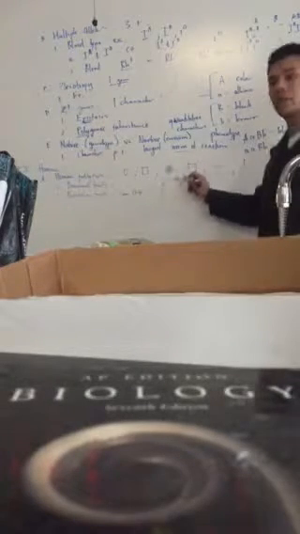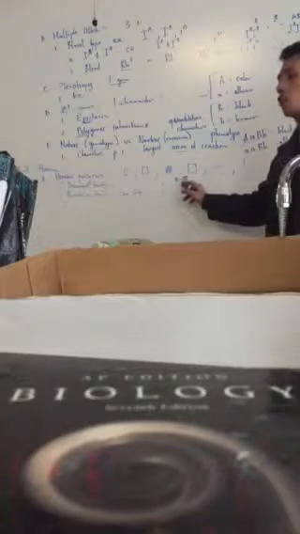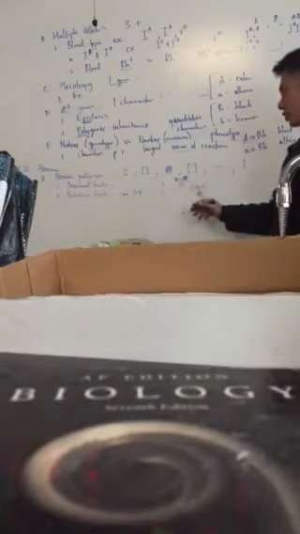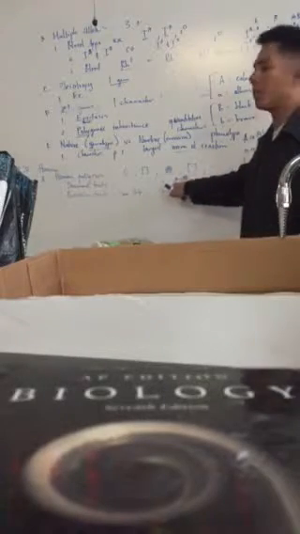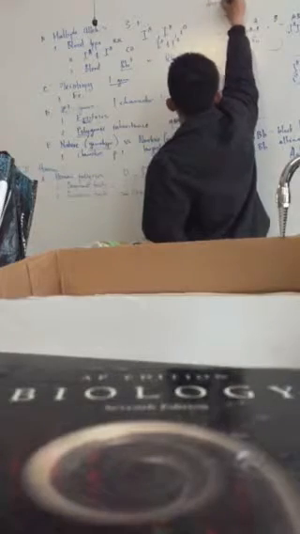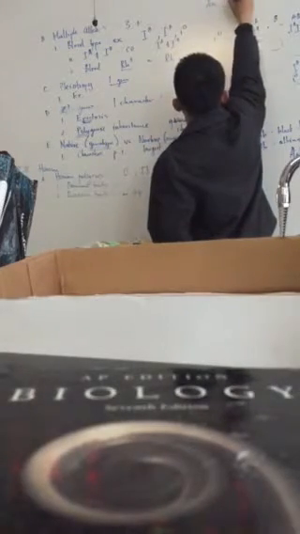So what am I talking about? 2 parents with a disorder or a trait can have a child without, versus 2 parents without can have a child with. Now it's kind of weird because what are the genotypes of the parents in both situations? Both of them are heterozygous, right?